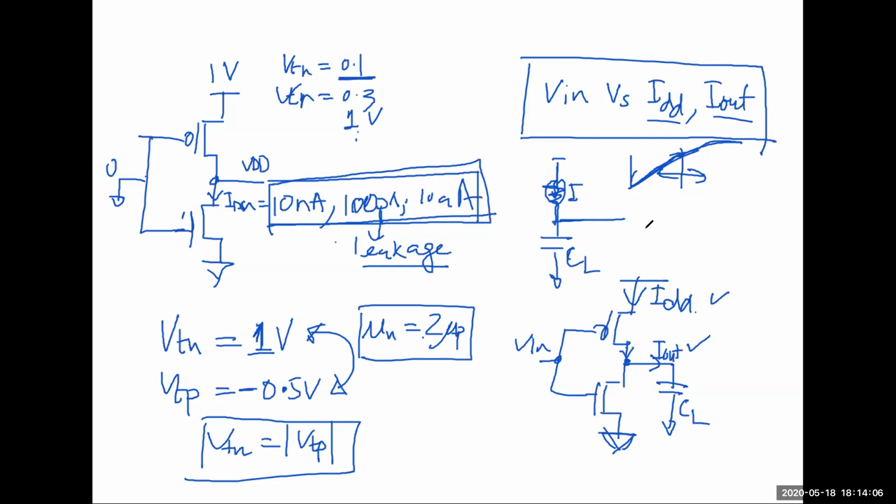In the explanation, I don't want you to just say this is the equation, I solved this equation, and on the basis of the equation this is the curve. That's not what I'm expecting, and I will tell you why. For the inverter you can easily figure out the equation, but what is going to happen if I ask what the current is in the case of an AND gate or a NAND gate?